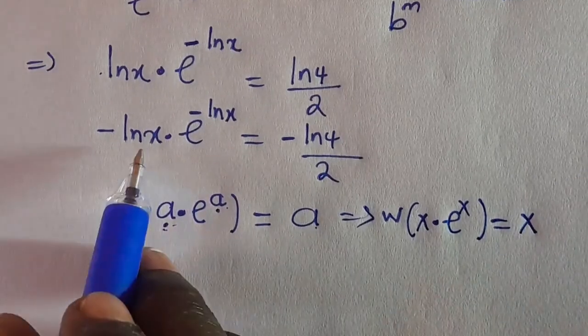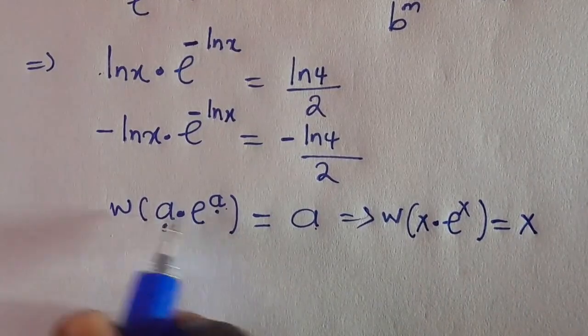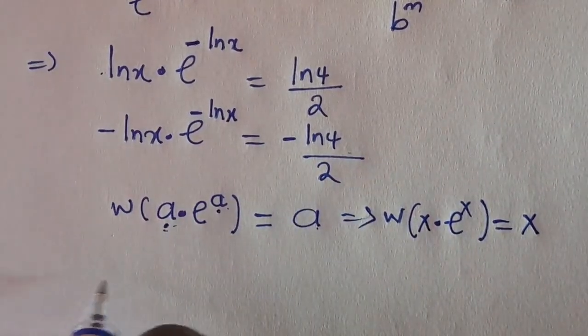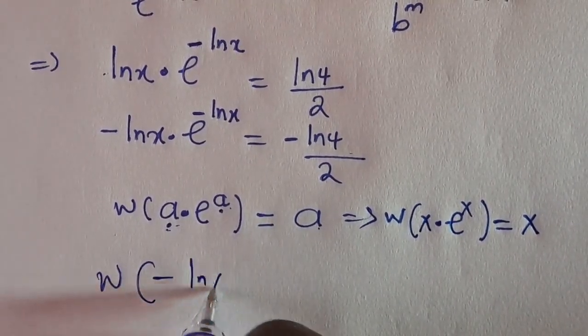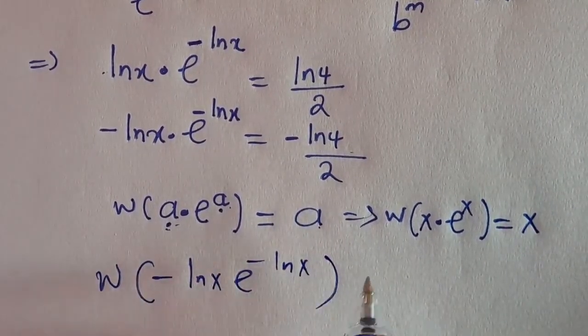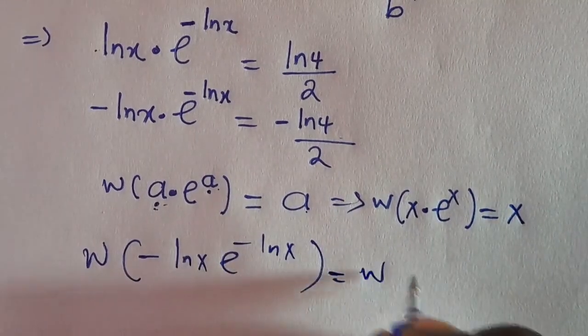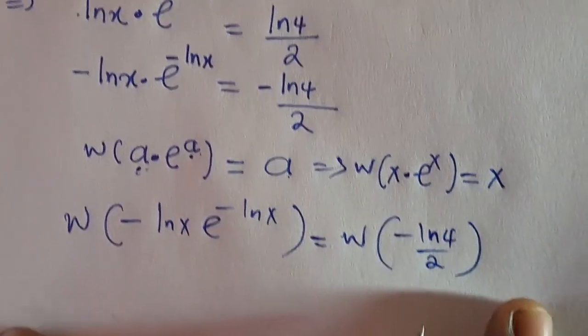So now by introducing the W Lambert function here and here, we're going to have W Lambert function of minus ln x times e to the power of minus ln x equals W Lambert function of minus ln 4 divided by 2.